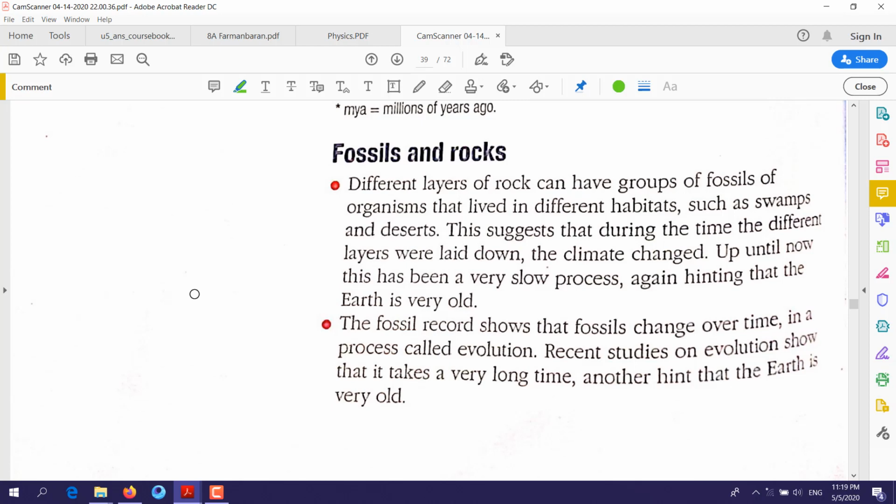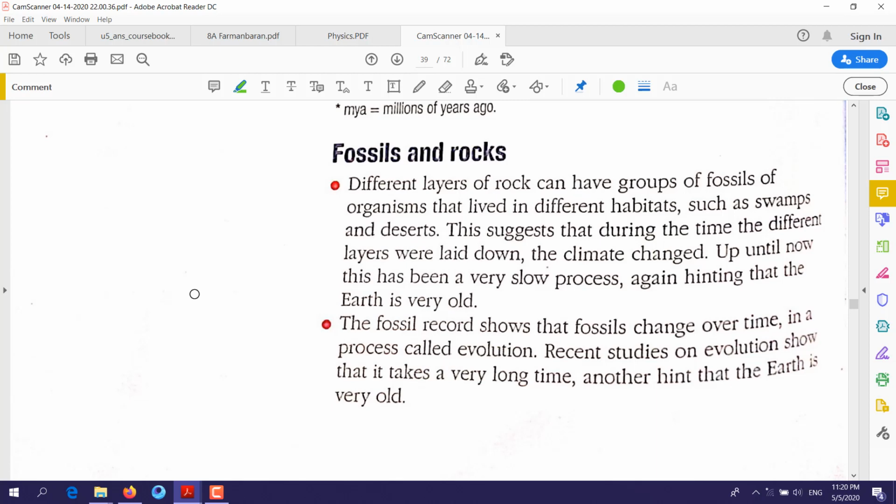Maybe you will have a question: why can we not find fossils in igneous rocks? The answer is, igneous rocks are rocks that form from magma or lava. So the high temperature of lava and magma will melt the dead bodies before they turn into fossils.